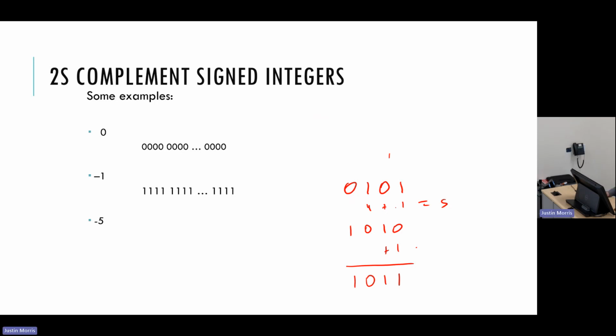And then the other thing that we haven't talked about is if you want to make a signed number have more digits in it, you just copy the sign bit more times. So this is still negative 5, and this is still 5. So you just copy the sign bit if you want to make it more digits. Okay?